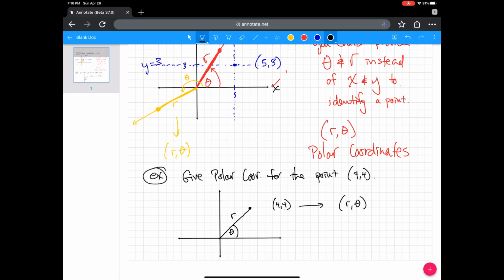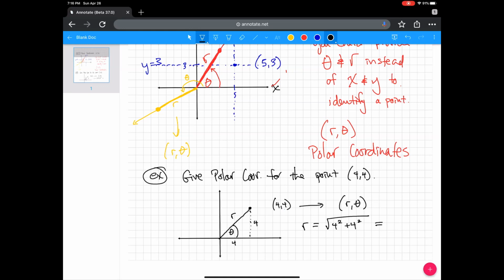Well, I can imagine quickly a little triangle here where the height is 4 and the base is 4, then by the Pythagorean theorem, I know the r value is equal to the square root of x squared plus y squared.